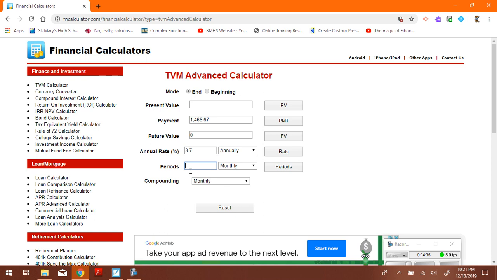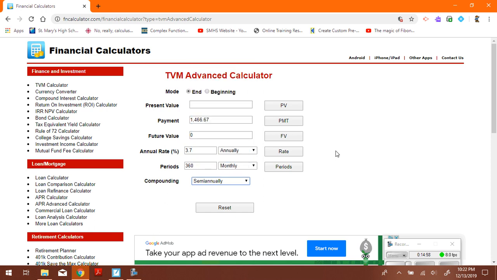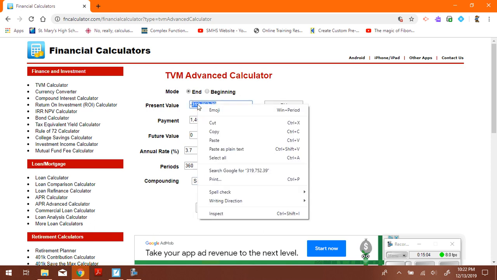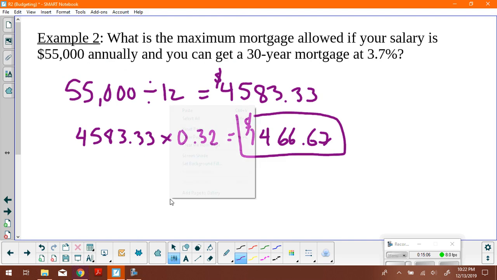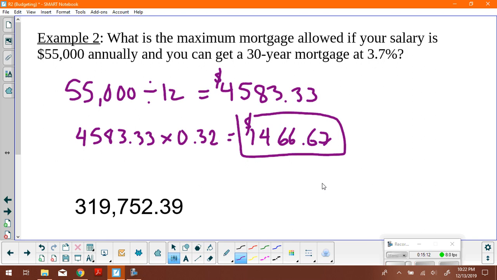For the periods, that is 30 years times 12 per year, so 30 times 12 is 360. That's per month. And then we're going to be compounding this semi-annually. So look at PV, and there you go. That is the maximum possible mortgage you can take on that salary, which is almost $320,000.